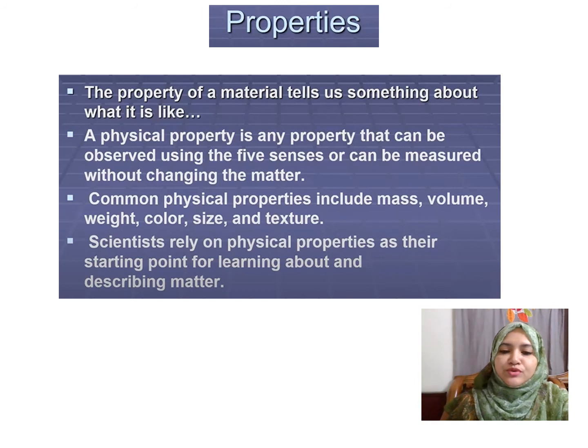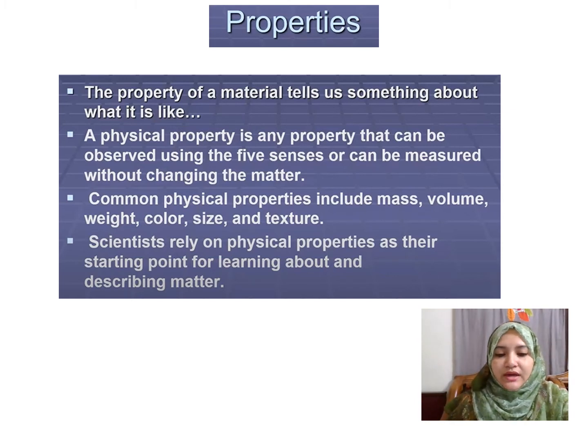Common physical properties include mass, volume, weight, color, size, texture, and density. What is mass? Mass is the amount of matter in an object. Volume is how much space that matter takes up. Scientists rely on physical properties as their starting point for learning about and describing matter.